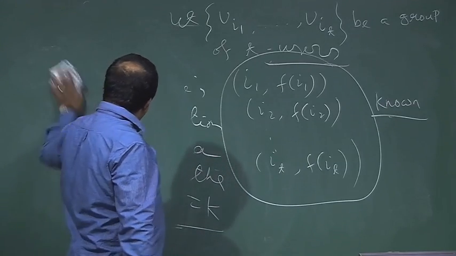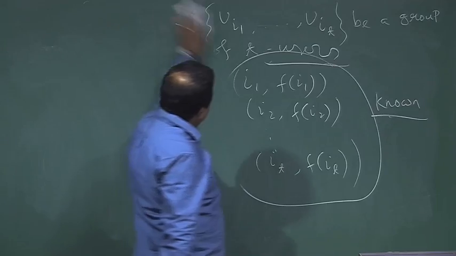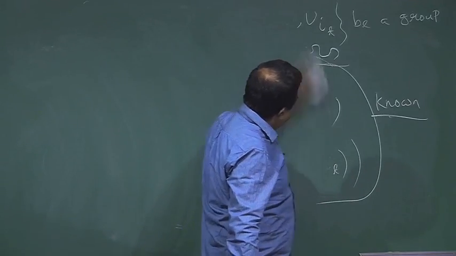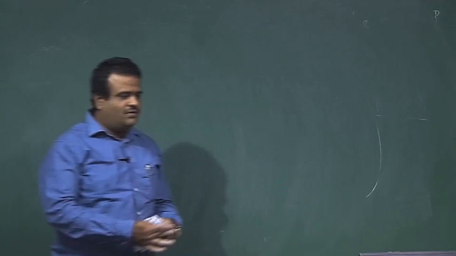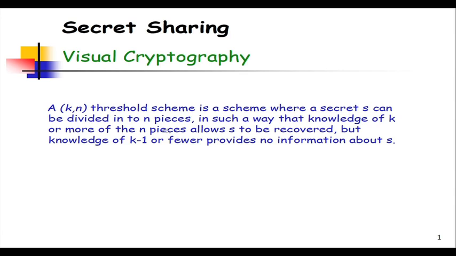So, it has application in visual cryptography and broadcast encryption. In visual cryptography, can you go to the slide please? This is basically the (k, n) threshold scheme, where a secret S is divided into n pieces. Suppose this could be an application in a banking system.